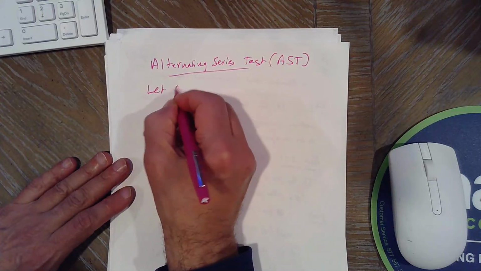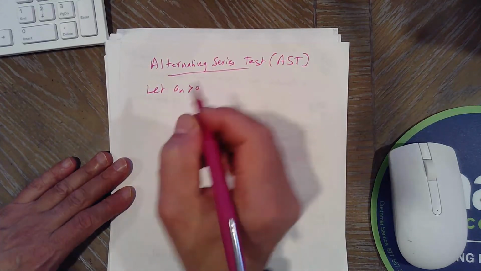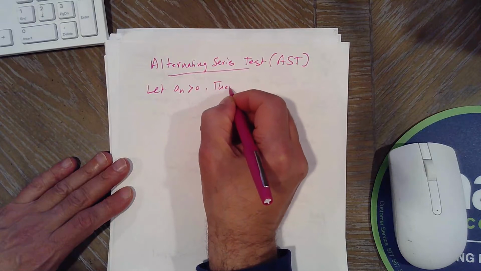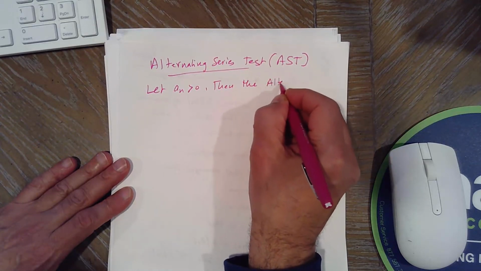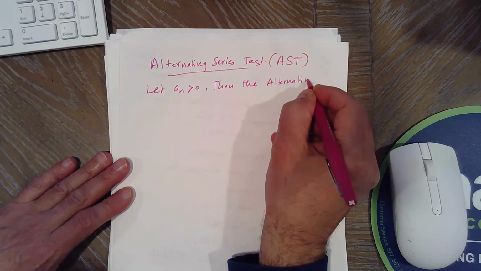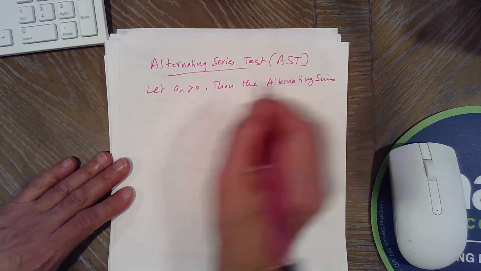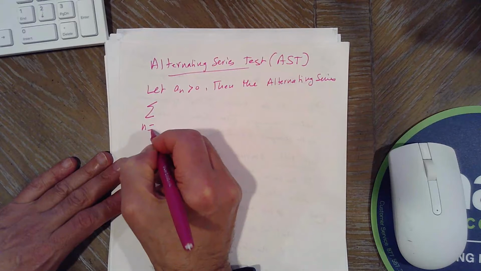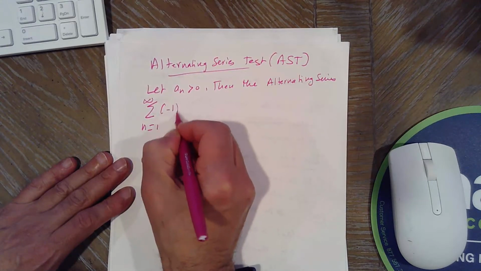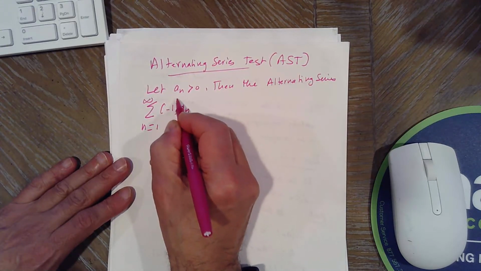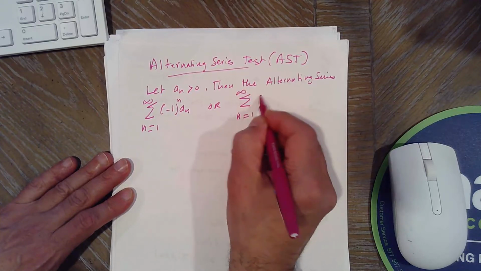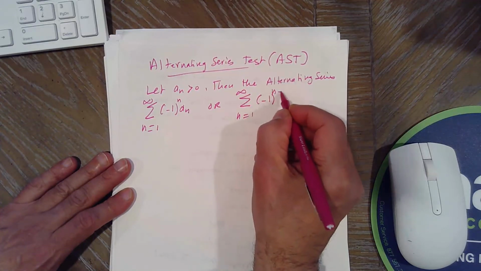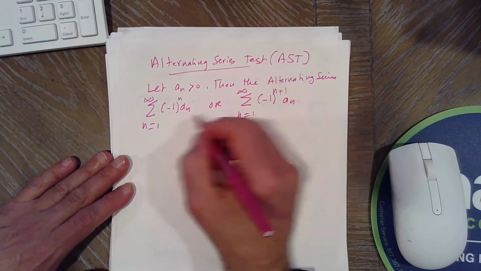So let a_n be positive, then the alternating series, whether it is the one that starts with a negative term and then they alternate, or the one that starts with a positive term and they alternate, converge.